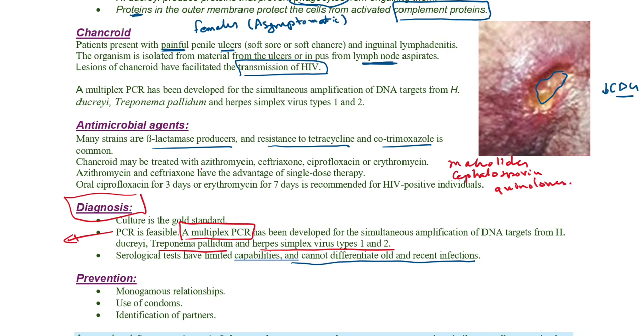So it's either azithromycin, which is a macrolide, this is single dose treatment, ceftriaxone, cephalosporin, again single dose injection, or ciprofloxacin or erythromycin, quinolone and macrolide again, but they need more prolonged therapy.